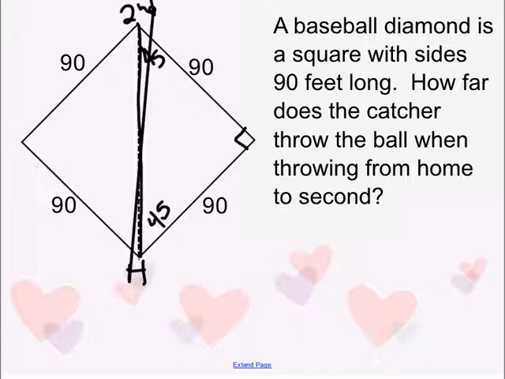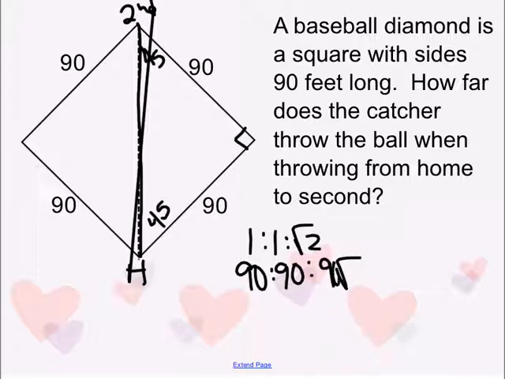So our ratio of 1 to root 2 is the one we're looking at. But now we know that we have 90 for each of our legs, which means that we have 90 root 2 as my hypotenuse, my longest side. So we would say it's 90 root 2 feet.